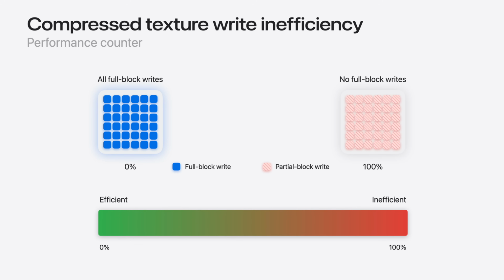Every write triggers a read-modify-write cycle. Typically, the value will fall somewhere on this spectrum. The higher it is, the lower the performance. If it is high, restructure writes to cover full blocks or disable compression for those textures. The upcoming workflow will show you how to diagnose performance issues due to scattered writes.